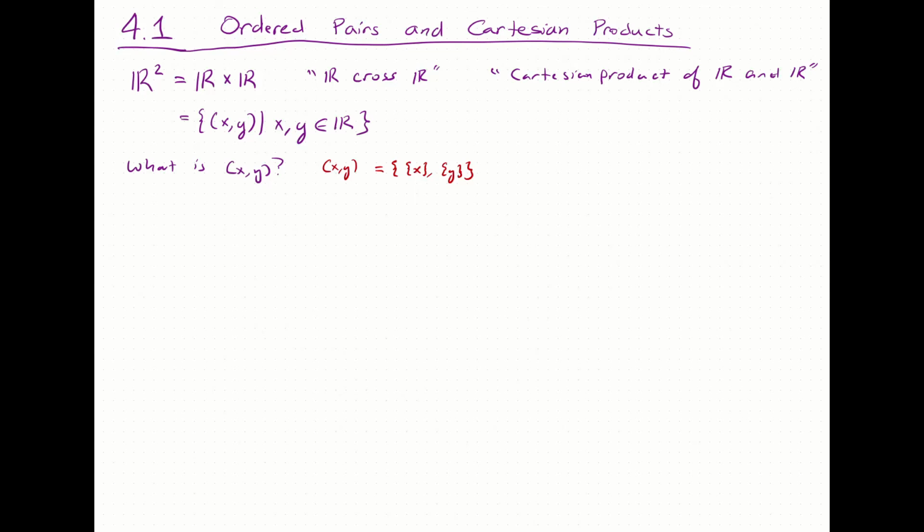But the problem is that then this here is the same as the set containing y and x. And so if we took this to be a definition, we are in trouble, because now we have that this is the same as y comma x. And so this is not a good candidate. We want to have a definition that is able to tell us the order of this. And so this is what we are going to be calling an ordered pair.